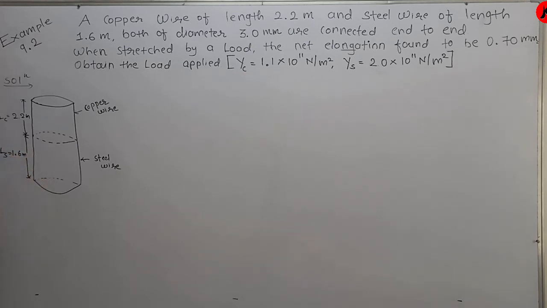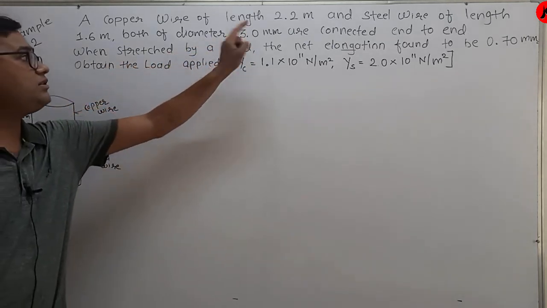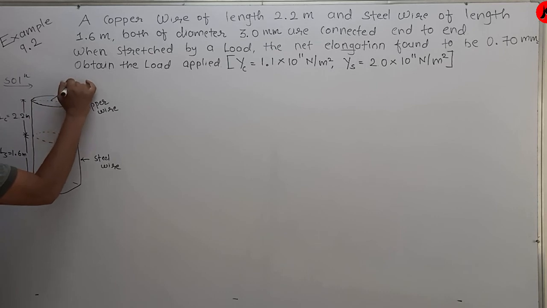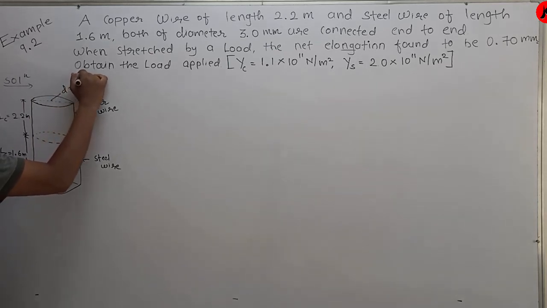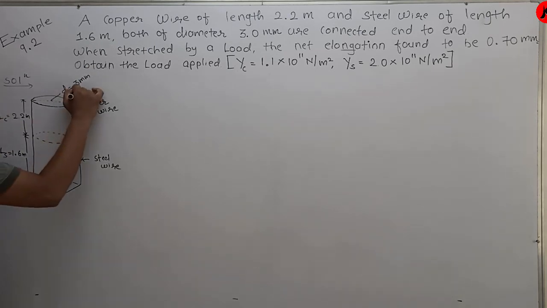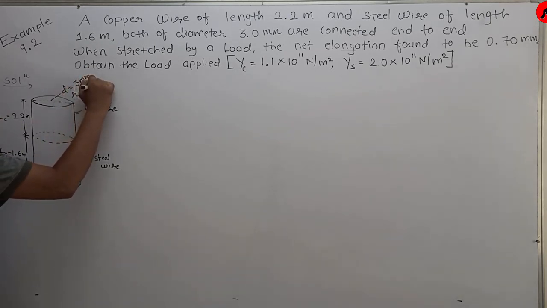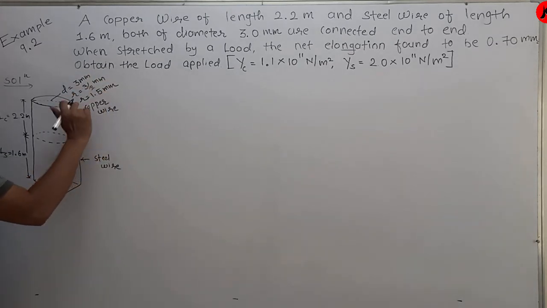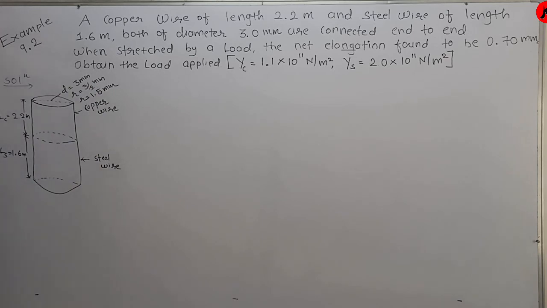Both have the diameter 3 mm. The value of diameter D is 3 mm, so the radius becomes 3 by 2 mm, equal to 1.5 mm. The value of R is 1.5 mm.